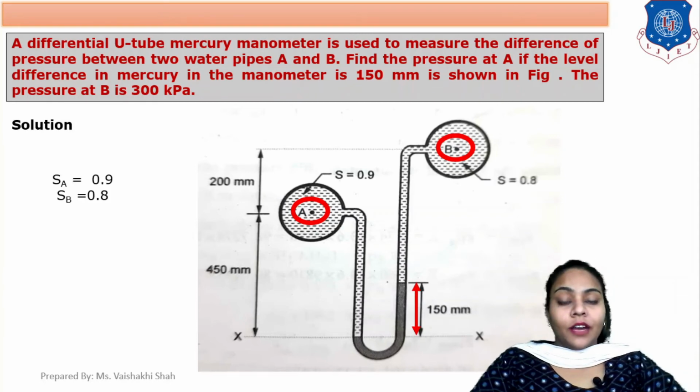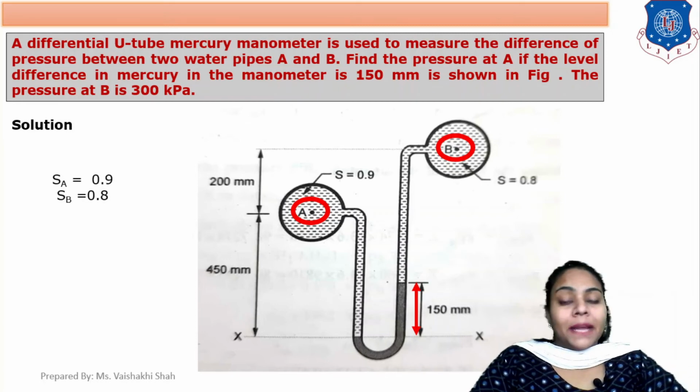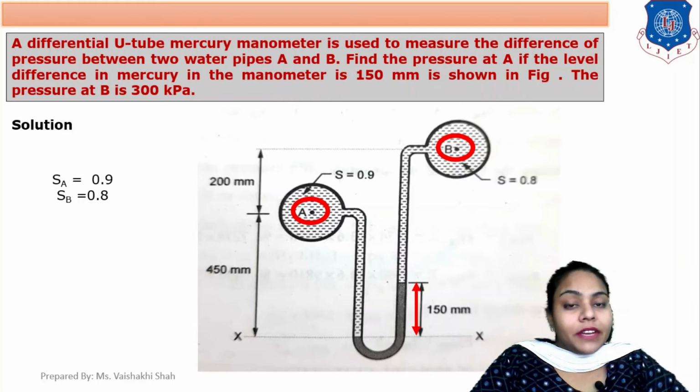Now in this data, the fluid in pipe A has specific gravity 0.9 and the fluid in pipe B has specific gravity 0.8. By using specific gravity, how can you find the density? Simply multiply specific gravity by 1000.